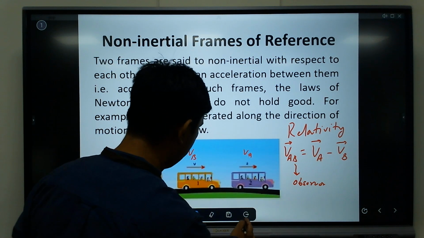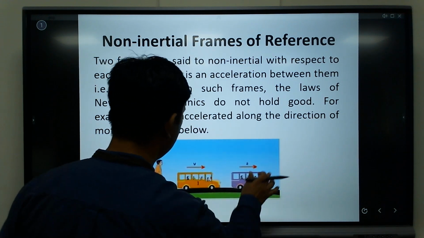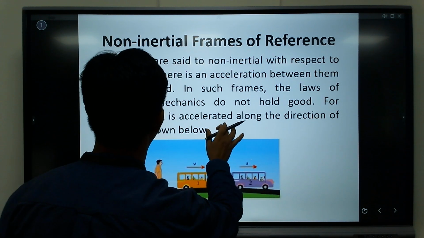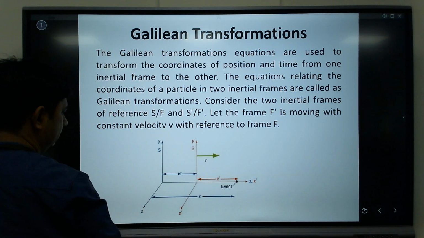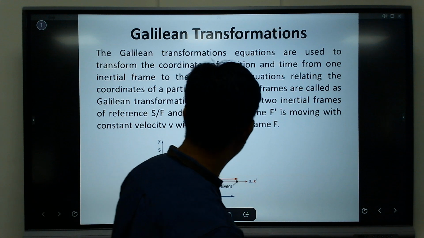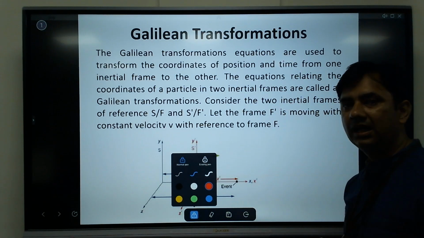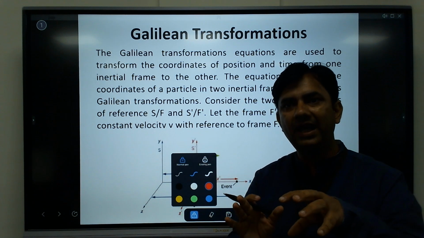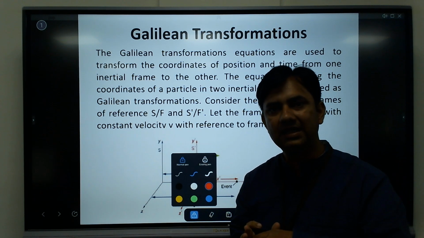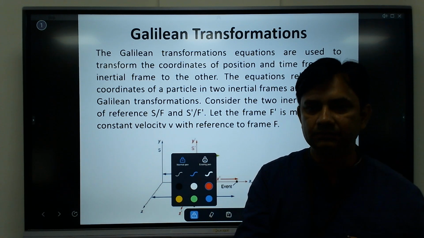Now we'll move to more complicated things. This is the Galilean transformation. We have studied Newton's laws, but what we considered in that is that everything is at rest.